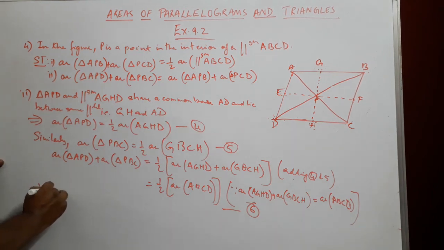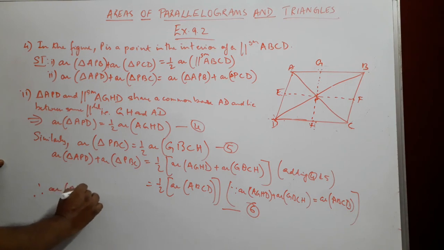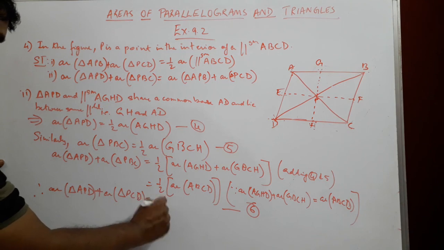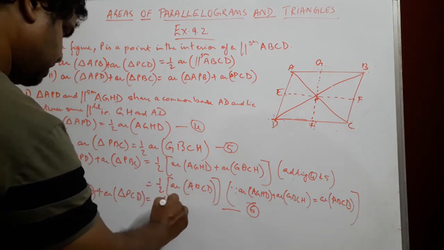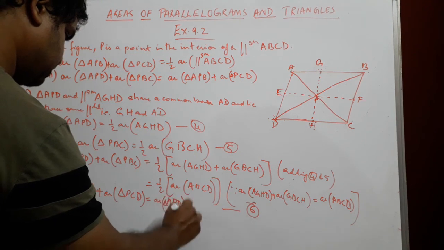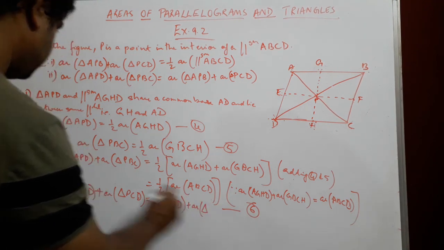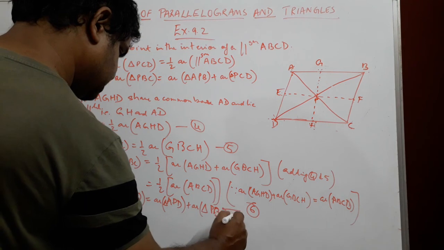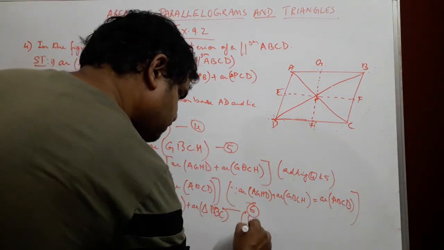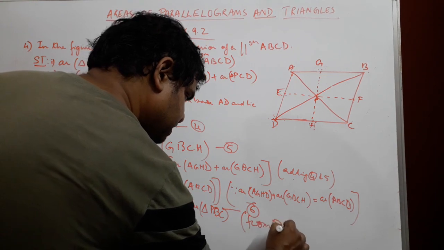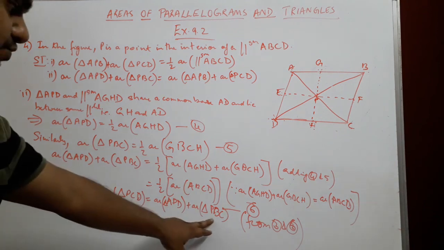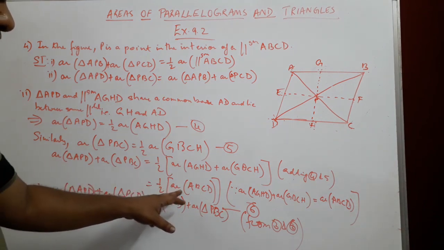Therefore area of triangle APD plus area of triangle PCD is equal to area of triangle APD plus area of triangle PBC, from 3 and 6, because the sum of these two triangles and the sum of these two triangles are both equal to half of area of the parallelogram ABCD.